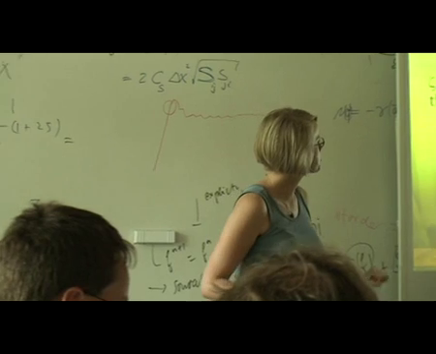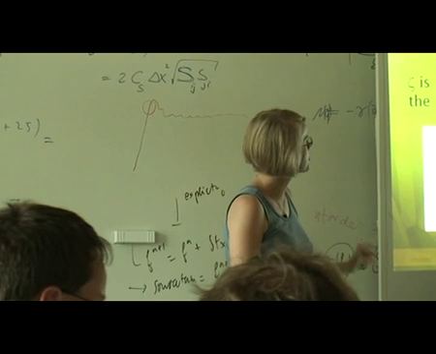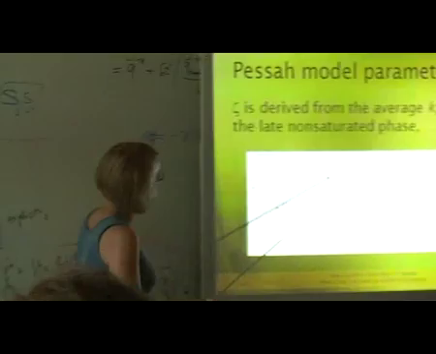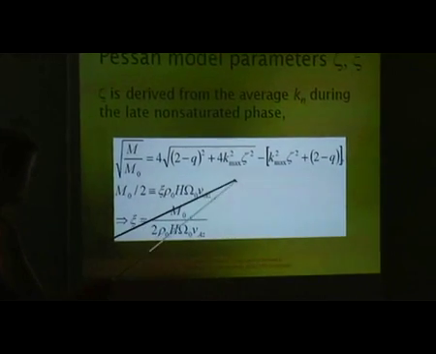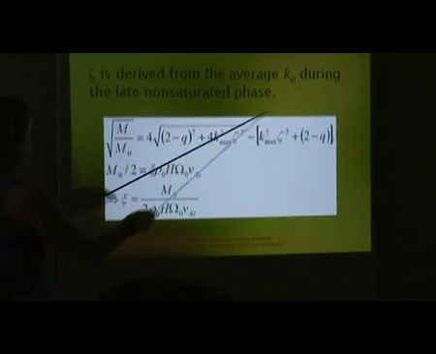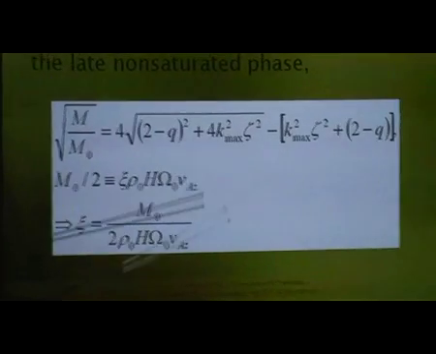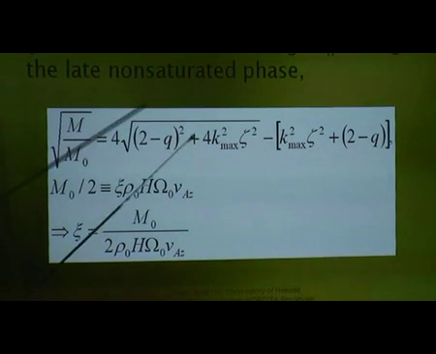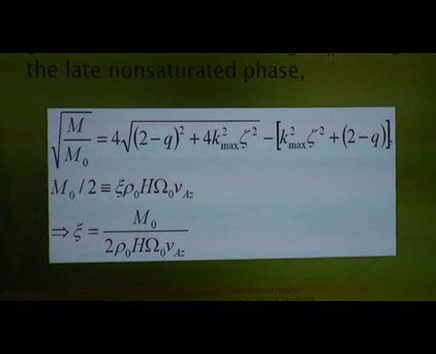And the other parameter can be solved when you have measured this data, and you have an equation for the growth rate of the stresses, and K max here is the wave number at which the turbulence experiences maximal growth.